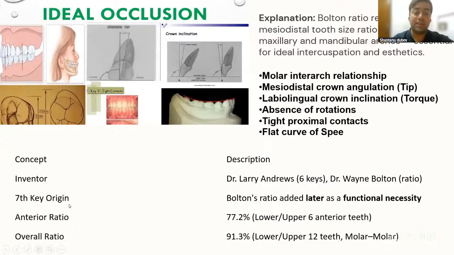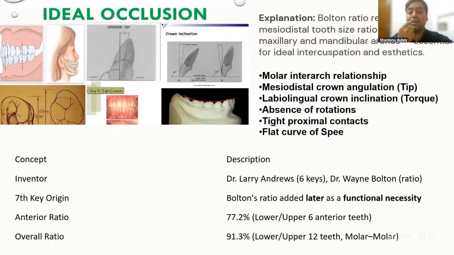He also said that the anterior ratio of the mesiodistal width of upper and lower six is 77.2%, and the overall ratio is 91.3%. And this also makes sense, because what it's trying to say is that the lowers are 77.2% of the upper mesiodistal width. Upper central incisors are broader, lateral incisors are a little less broad, but they are broad, and the canine is also broad.